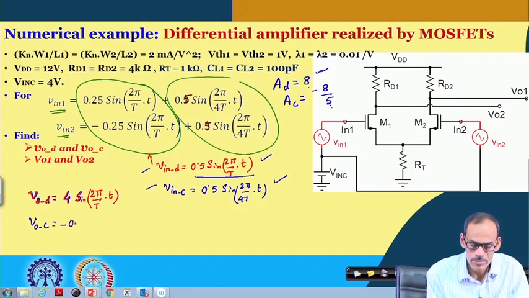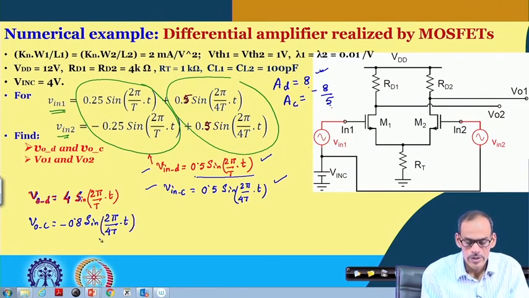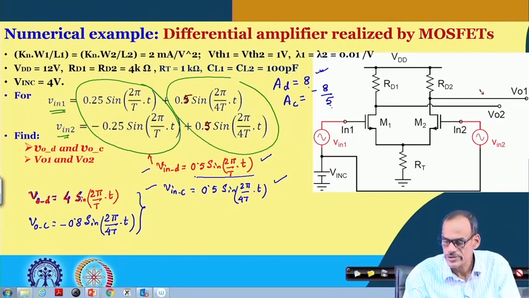So, that gives us 0.8 sin 2 pi by 4 T into small t, right.